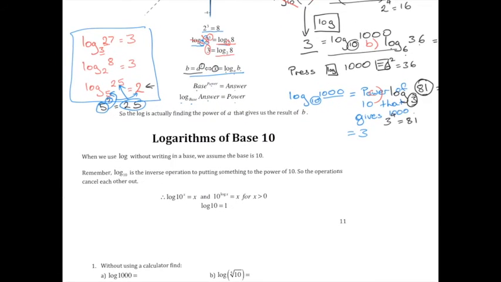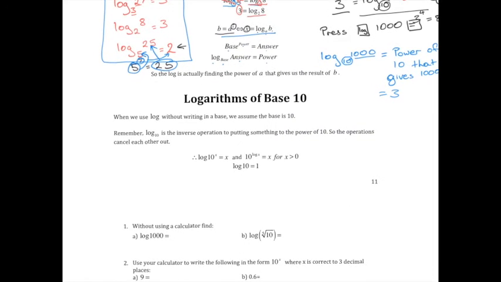So now we're going to look at logs of base 10, and only base 10 at first. So in other words, they're all going to be written as base 10, so now it's 10 to the power of something, okay? So when we use logs without writing a base, we assume the base is 10. So if I just write log of 5 and I forgot to write the base, we actually assume it's a base of 10. Remember, log base 10 is the inverse operation to putting something to the power of 10.